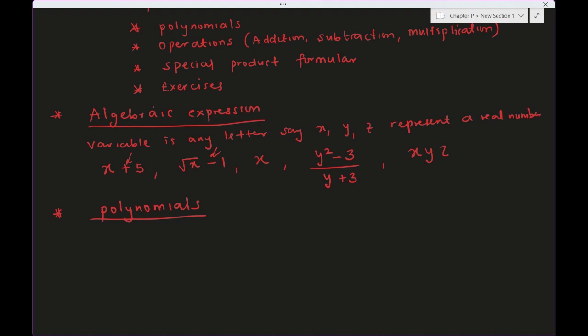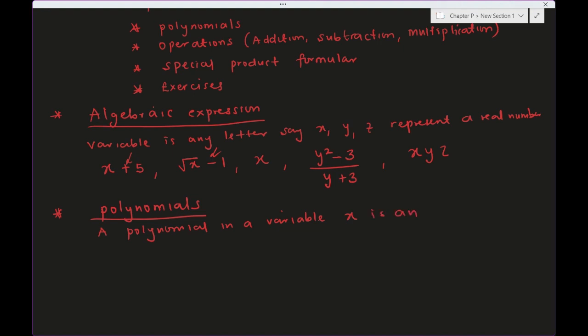And what are polynomials? So a polynomial in a variable, because you need a variable, just like we discussed here. For you to have an expression, you need a variable. So here, let's say we have a polynomial in a variable. Let's say our variable is x.